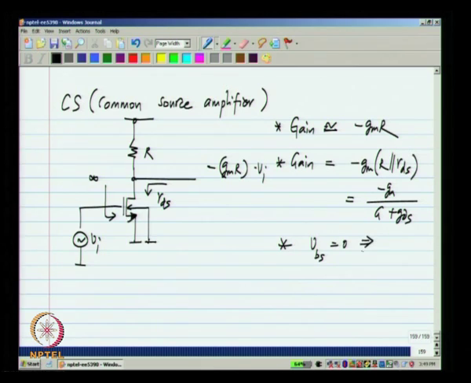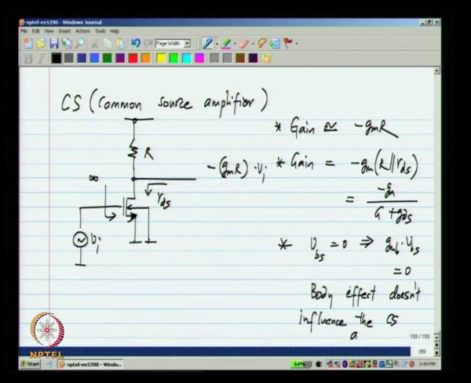So, that means that GMB times VBS, which is the effect of the bulk transconductance, that is also 0. So, simply the body effect does not influence the common source amplifier. So, that is all that is there to it.